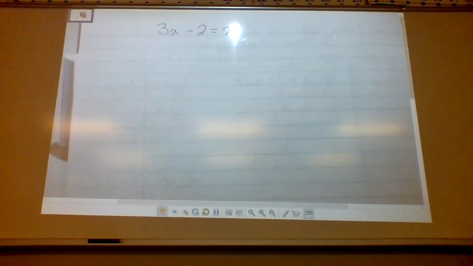Subtract 1x. Is that right? We add 2 to both sides. X equals 1. X equals 1.